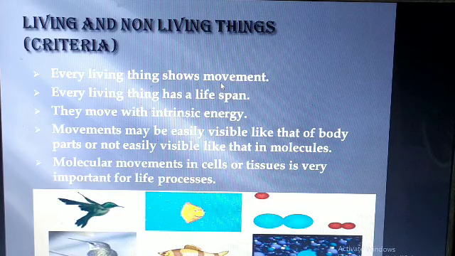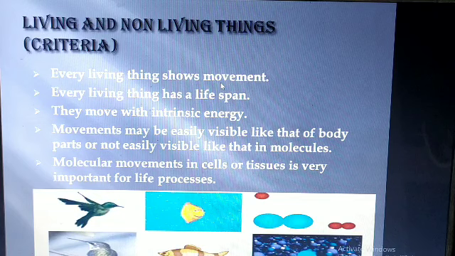The movement can be internal body part movement or the movement of living thing from one place to another, which is called locomotion. We will talk about that later. But here, all living things have a lifespan.